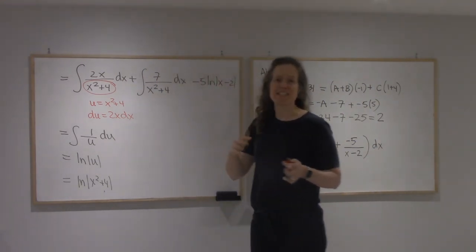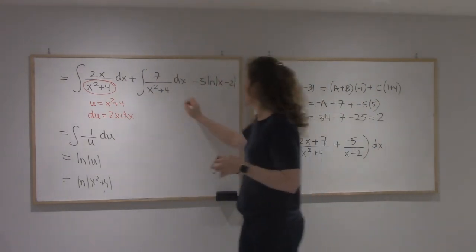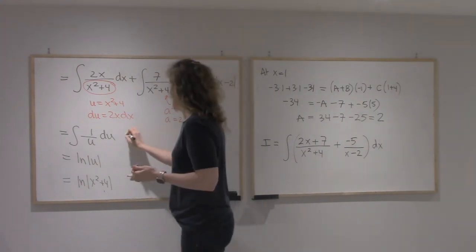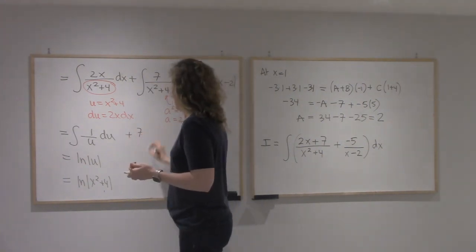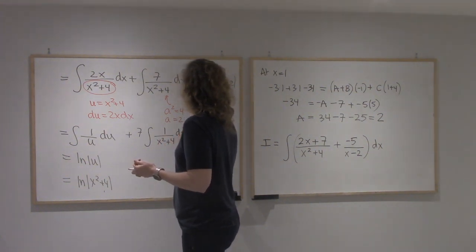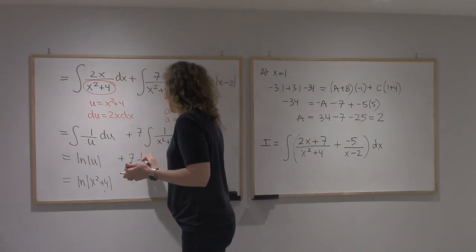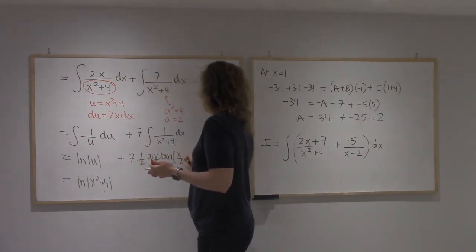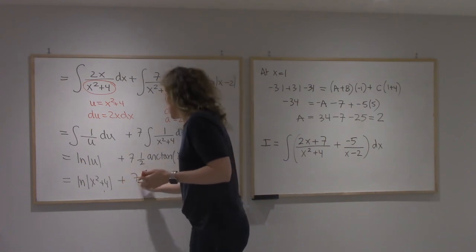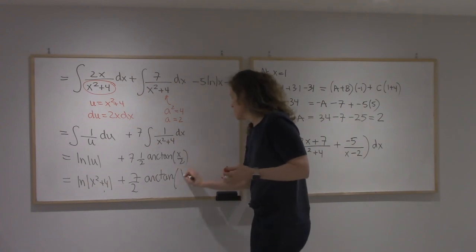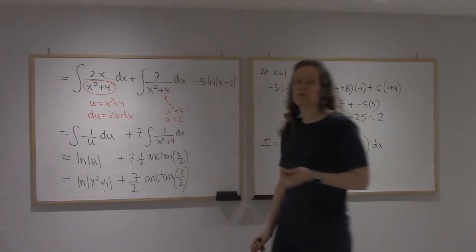Now for this one, we said this is almost a basic integral with a squared equals 4, so a is 2. So this one will be 7 times the integral of 1 over x squared plus 4 dx, and that will give us 1/2 arctan of x over 2. And so we'll get 7/2 arctan of x over 2.